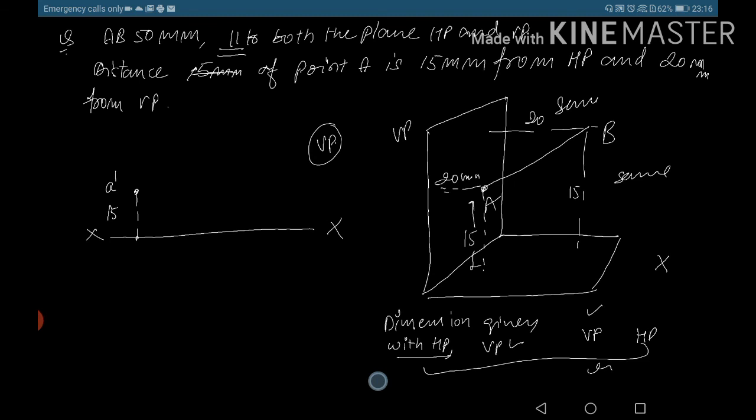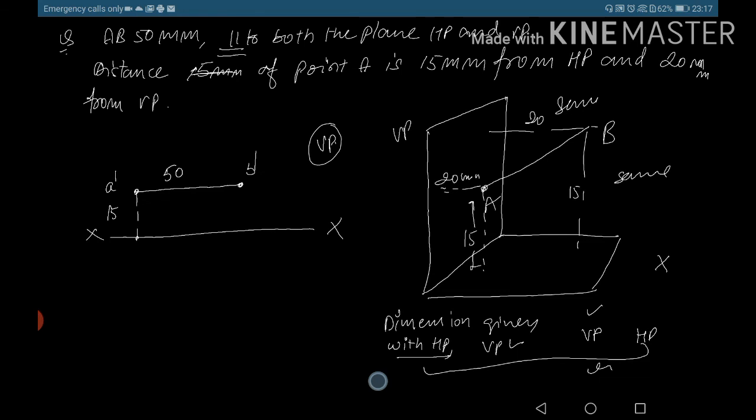Since line is parallel to which plane? As well as means line is parallel to HP and line is parallel to VP. Okay, so अगर VP के parallel है line तो मुझे VP के अंदर उसकी एक बिल्कुल XY के parallel line दिखेगी, है ना? कितनी दिखेगी? 50 mm की दिखेगी.